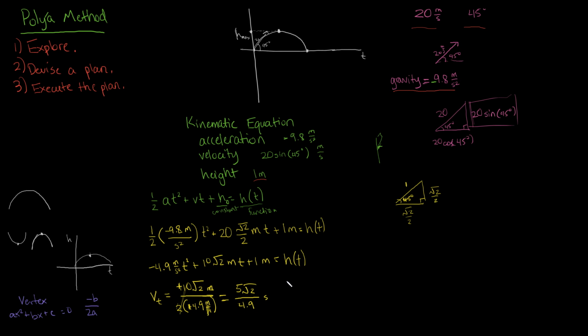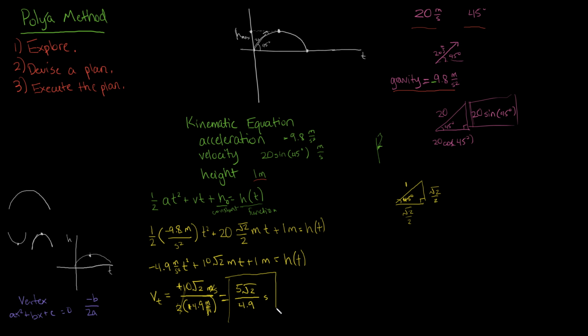And this here should be meters per second. The meters cancel out. Seconds squared divided by seconds is just seconds. And we have the vertex of t equals this.